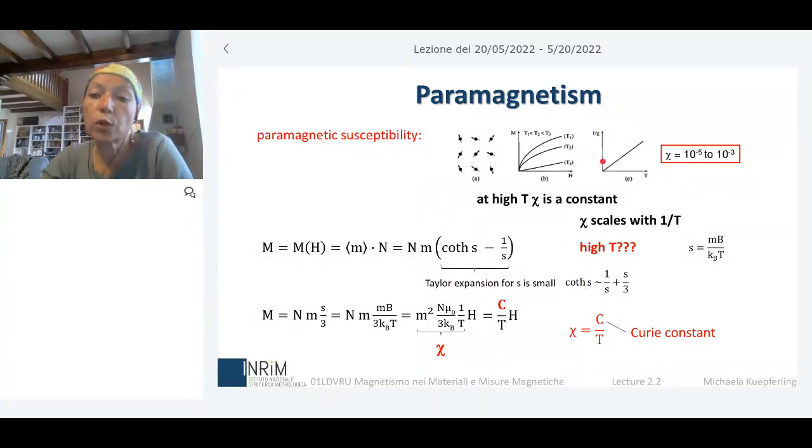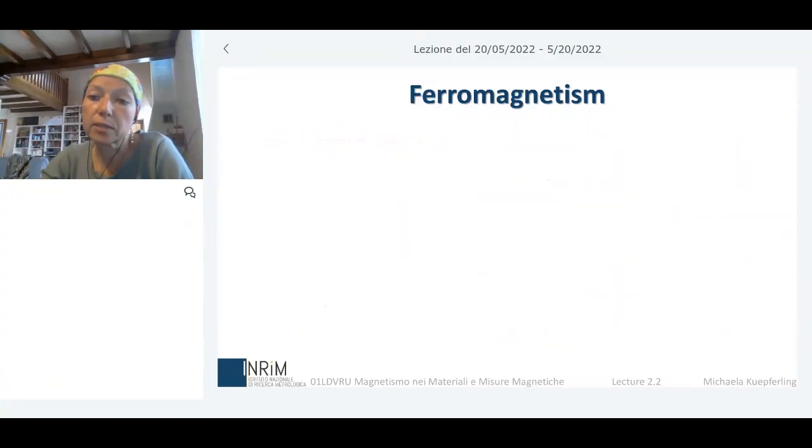We know that 1 over chi is linear in T. So this is the famous Curie law.